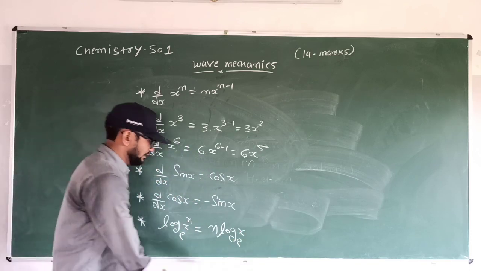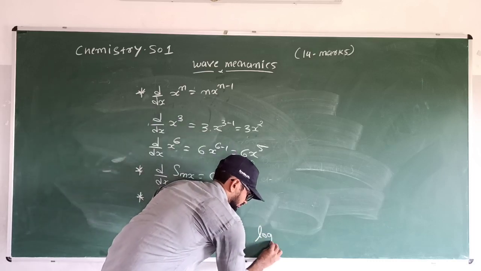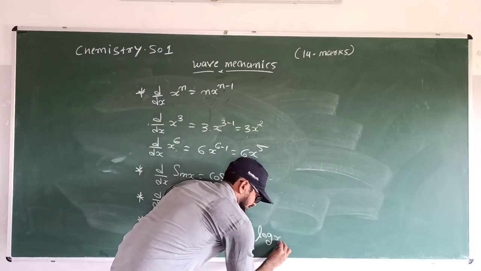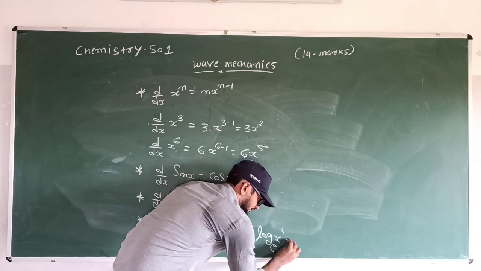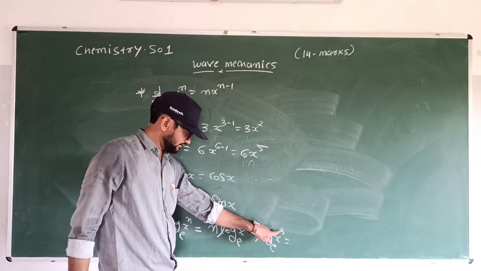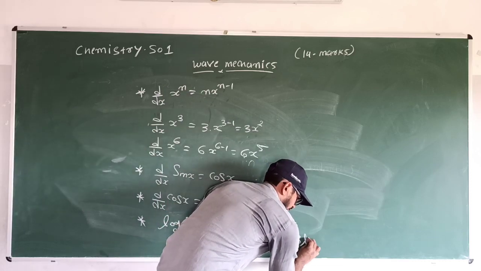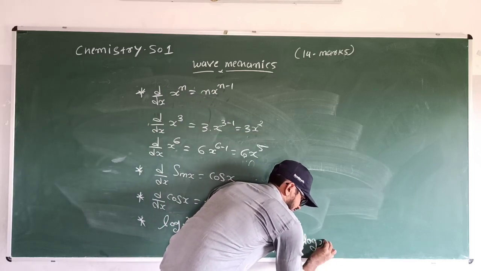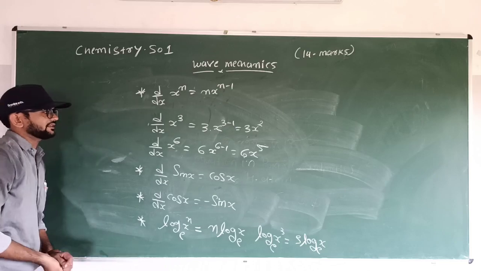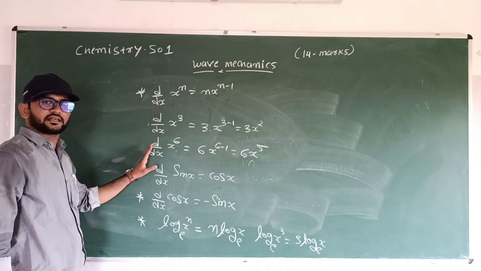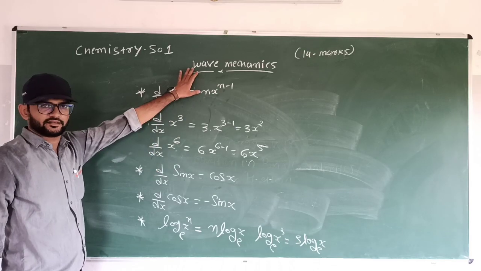Like this, log of x to the power 3 e base is equal to 3 log e base x. So these are the mathematical differentiation formulas which are used in wave mechanics.